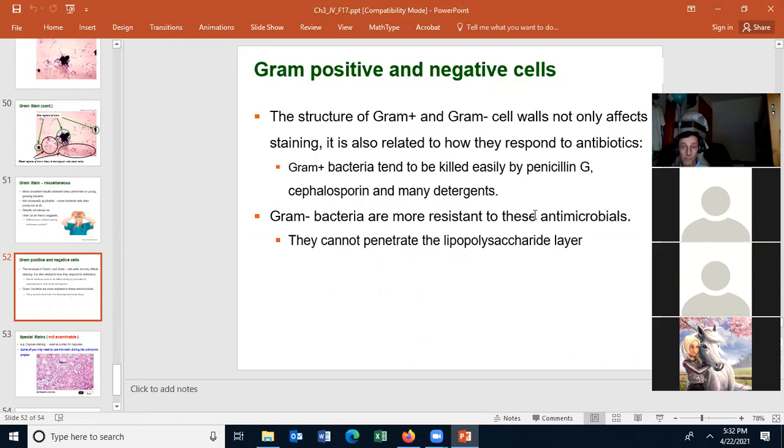It also works on gram-positive bacteria. And there are other members of the penicillin family. I'm trying to remember, another one is carbenicillin. It works on both gram-negatives and gram-positives. All right, any question about other differences between the gram-positive and the gram-negative cells?